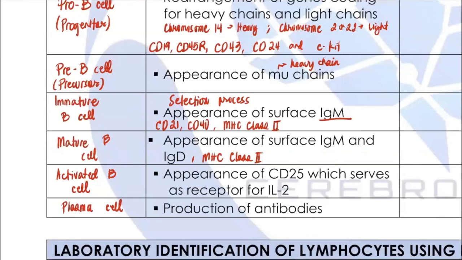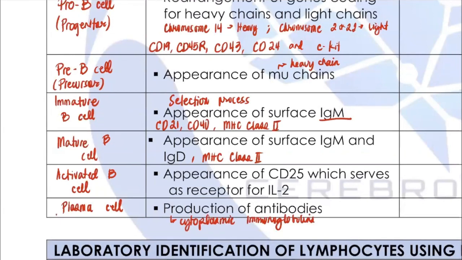So take note guys na yung ating mga plasma cells, they no longer have surface immunoglobulins. Again, they do not have surface immunoglobulins anymore. Instead, yung kanilang mga immunoglobulins are found in the cytoplasm. No? So cytoplasmic immunoglobulins.